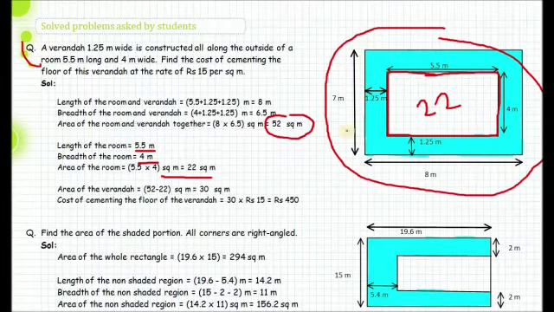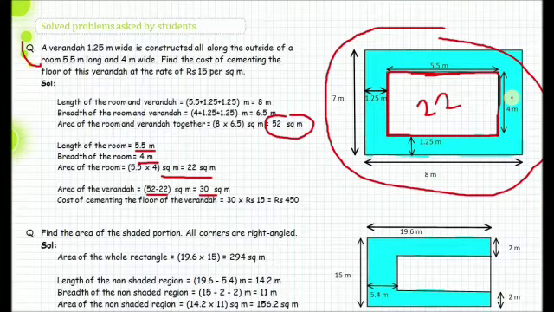If we subtract the area of the room from the whole figure, we will get the shaded region. Yes or no? That is the area of the veranda. So that's why area of the veranda is 52 minus 22, that is 30 square meter. That means we have obtained the area of the veranda.